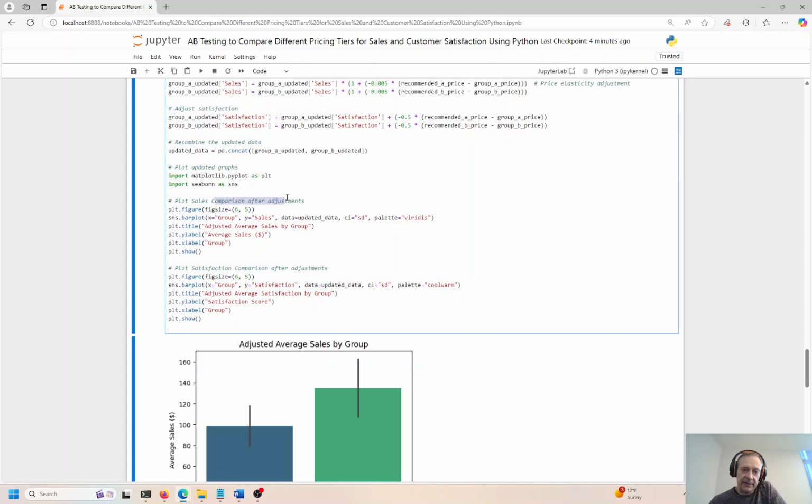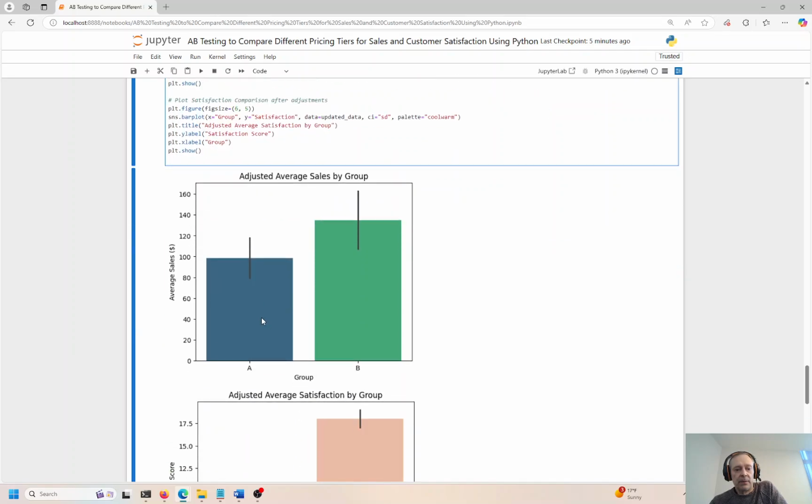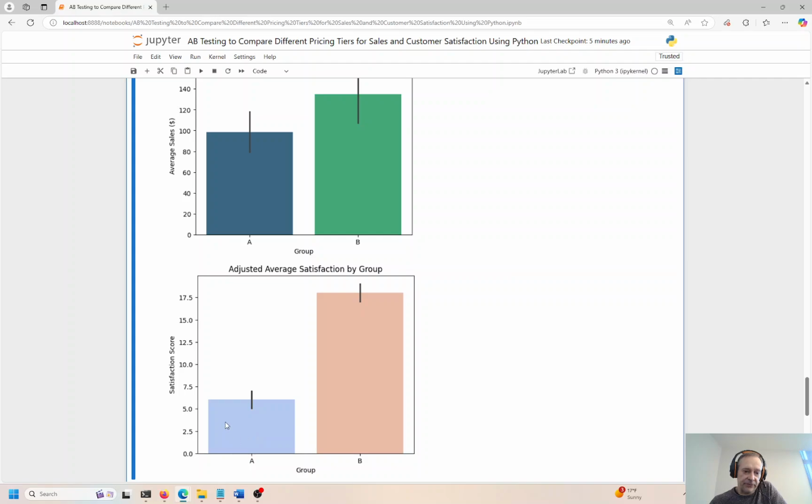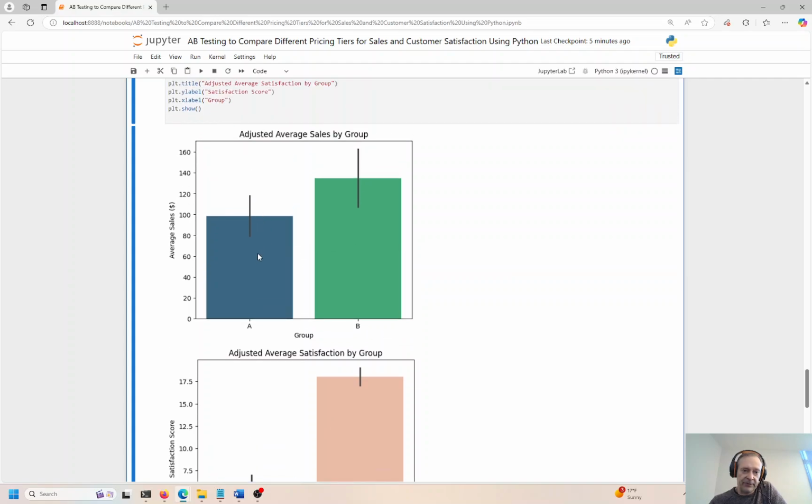So comparison after adjustments, we have updated data for Group A, right, and for Group B. So the overall average sales for Group A is 100 and 140 for Group B, and satisfaction for Group A is about 6, and for Group B it's about maybe 18. So here, the overall sales is pretty close.